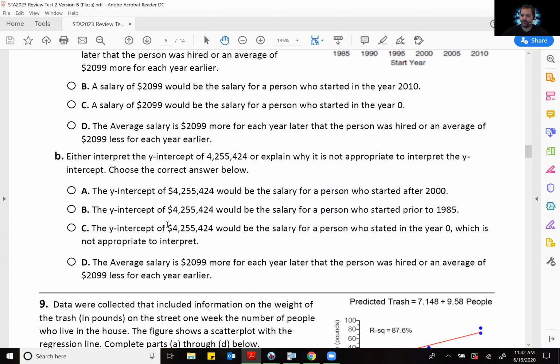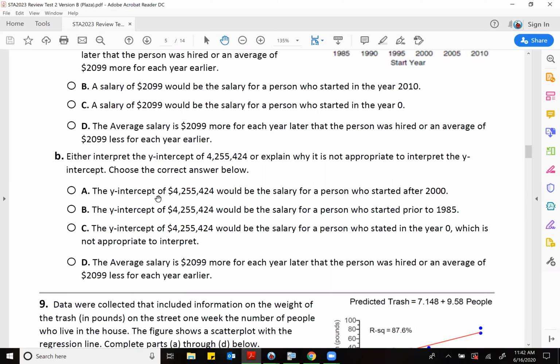B would not make any sense. Is it C? It is C.